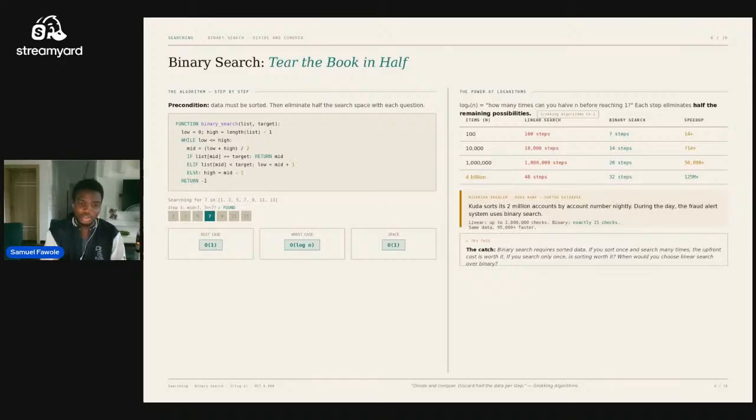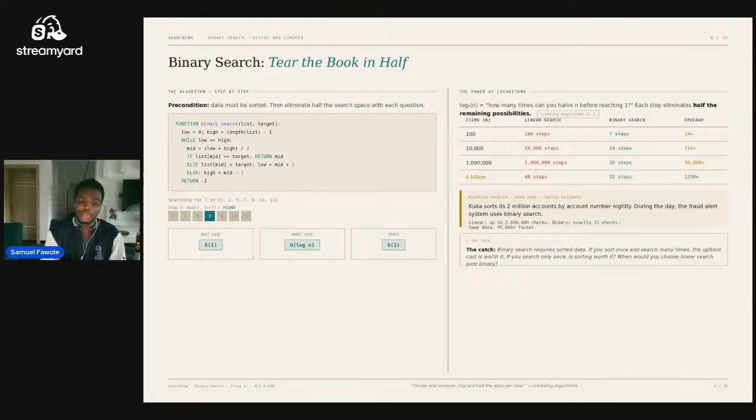Let me just go through it briefly. Binary search takes in the list and the target. We're looking for Samuel on the list, or let's use a number. We're looking for 7 on this list below here, right? So we choose our low as 0 and our high as n minus 1. While low is less than or equal to high, that's the condition to run this loop.